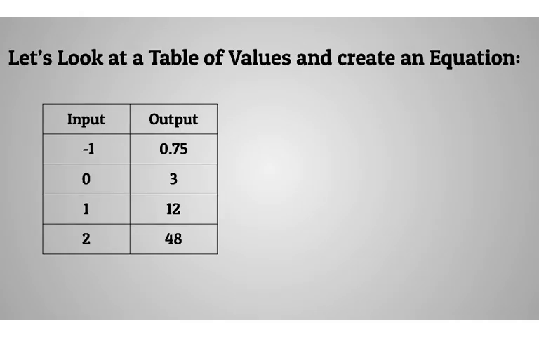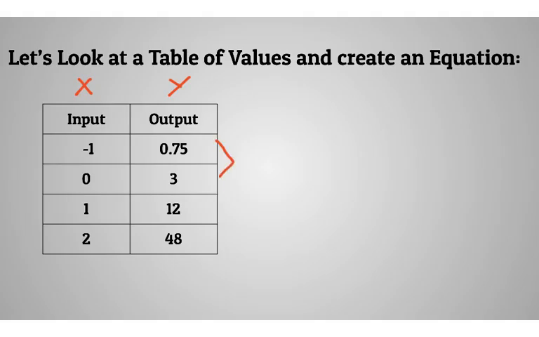So let's look at a problem and create an equation together through a table of values. Well, the first thing I notice with our table of values is that we're given the input and the output. And I know the input is my x values and my output is my y values. Now that I know my x and y values, I'm going to look at the y values to see if it's going up by addition or multiplication.